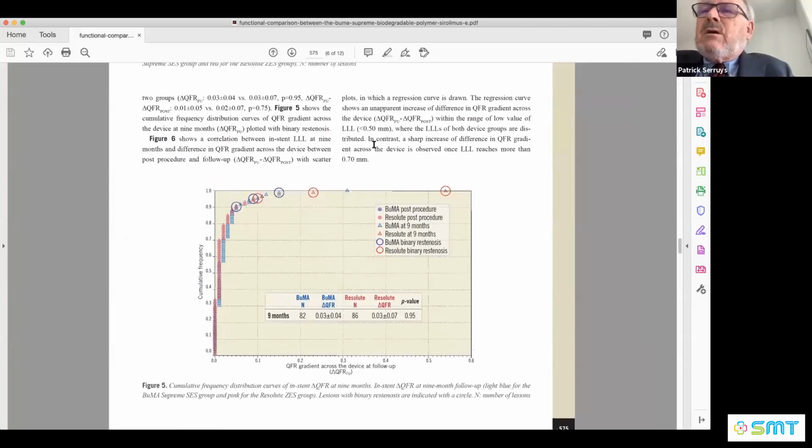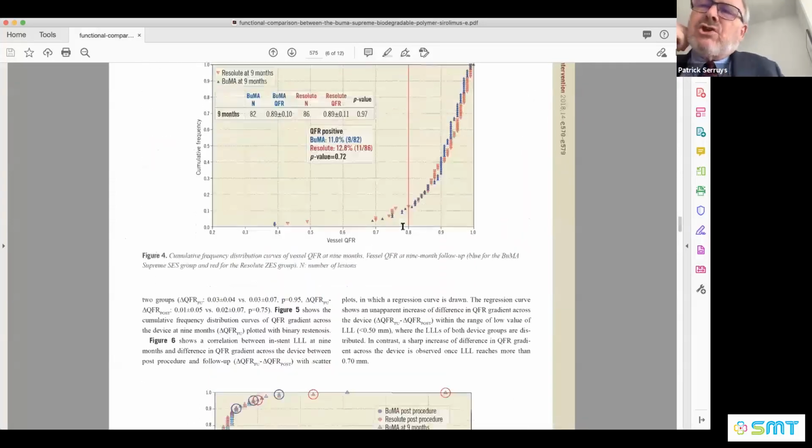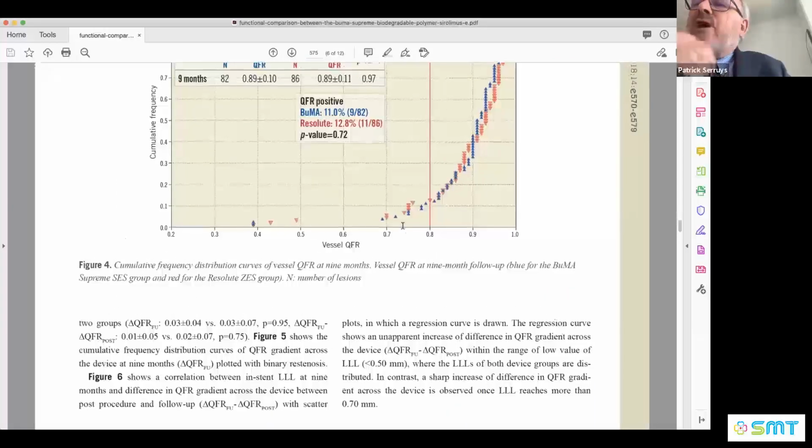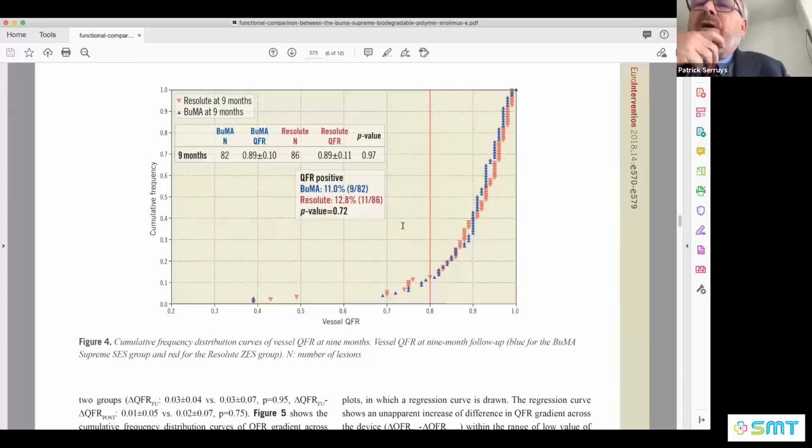Yeah, I think the publication is a little bit more complicated than what you're seeing on the slide, but this is a typical example of how many lesions are below a QFR of 0.8. And at that time, we were comparing the BUMA stent with the Resolute stent.